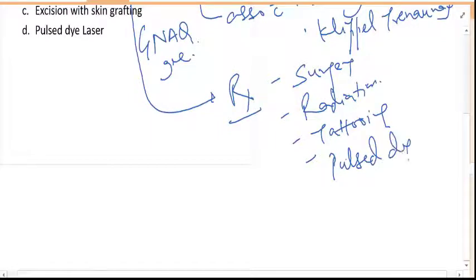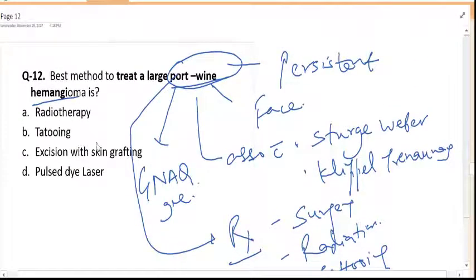So lasers, pulsed dye laser is the best option for the treatment of this capillary hemangioma, port wine. So answer is D, pulsed dye laser. Other options are also treatment options. You can give radiotherapy, tattooing, excision, but the best out of these is pulsed dye laser.